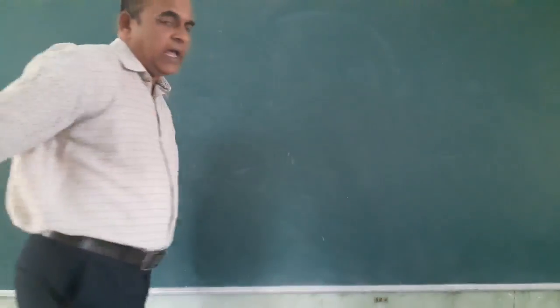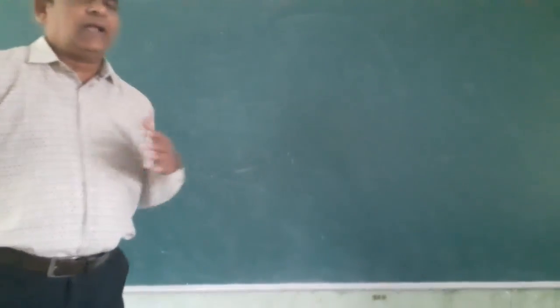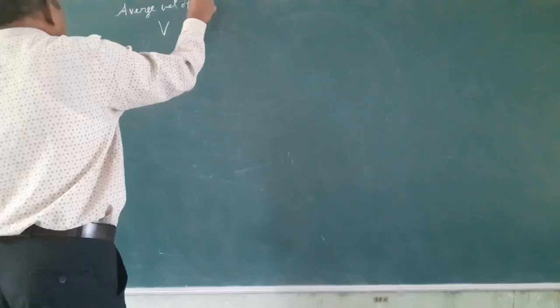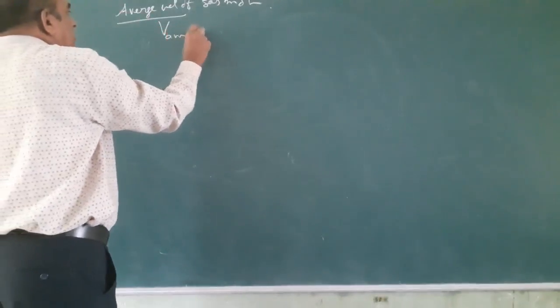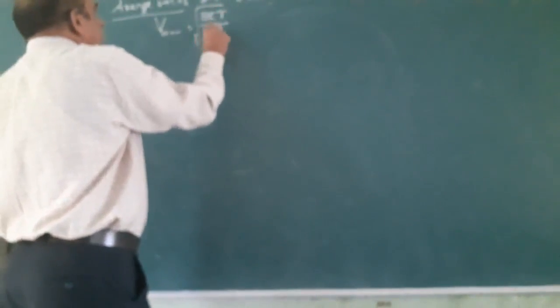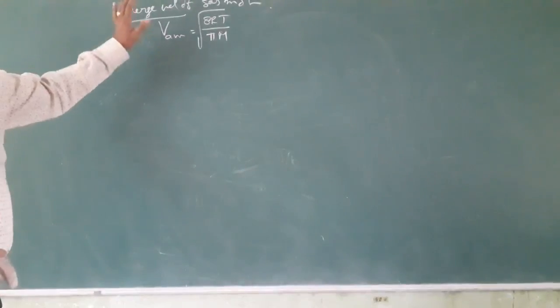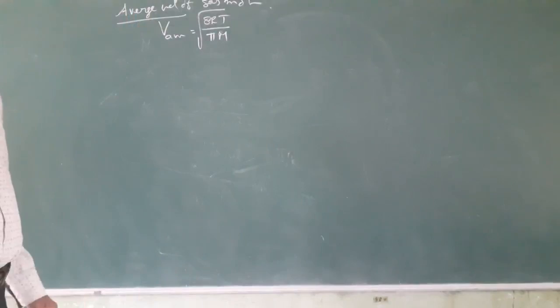In a gas, molecules are in random motion. They have RMS velocity, root mean square velocity, and we can also take their average velocity. The average velocity of gas molecules, V average, is equal to root of 8RT by pi m.